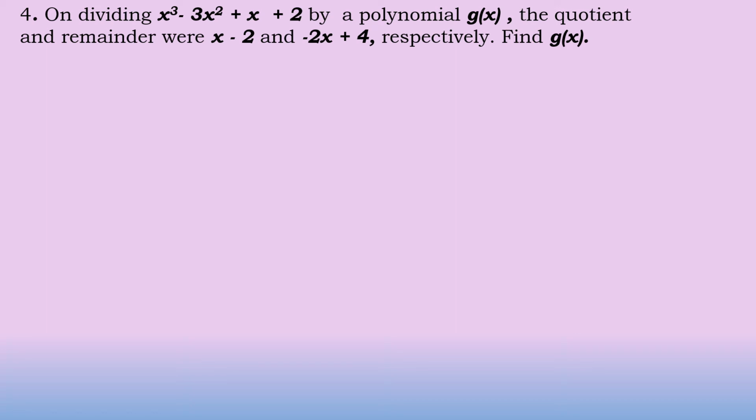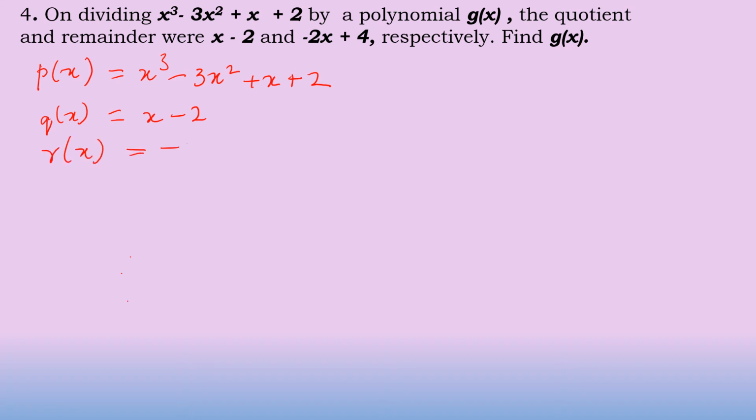Let us consider the dividend as p of x is equal to x cube minus 3x square plus x plus 2. Now, let us take quotient. Quotient is equal to x minus 2. We can write q of x is equal to x minus 2. What is our remainder r of x? R of x is equal to minus 2x plus 4.